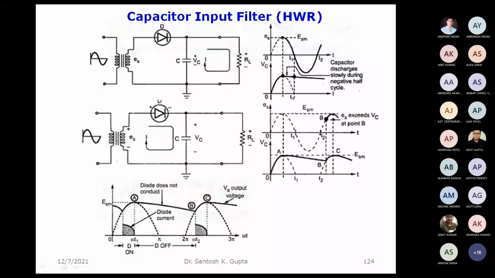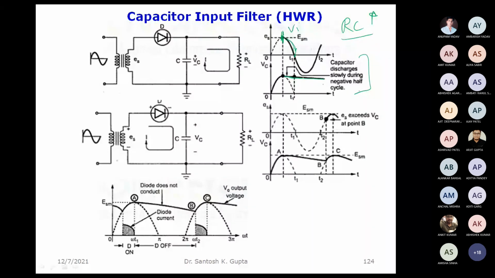The first half cycle we have already understood. For the second half, as the input moves from here, say up to T1, the capacitor discharges slowly during the negative half cycle because the RC constant is large. So it is shown like this.